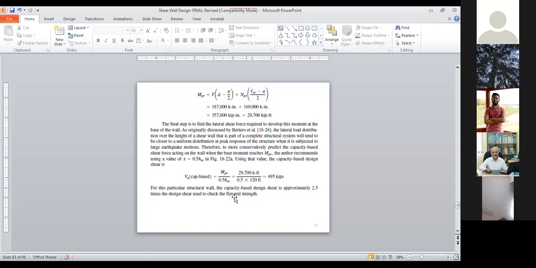Then they calculate the shear force required to develop this moment, and they consider 0.5 HW here, HW being the height of the wall. And finally, they found that they need 495 kips of shear force to develop this moment, which is much higher, 2.5 times higher than the shear force coming to the structure.